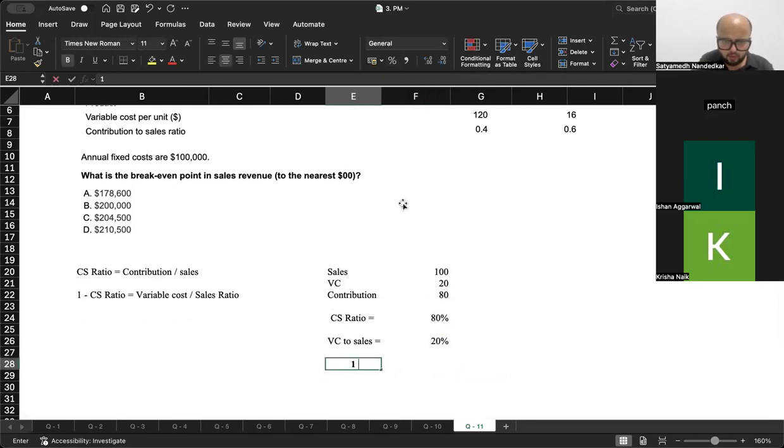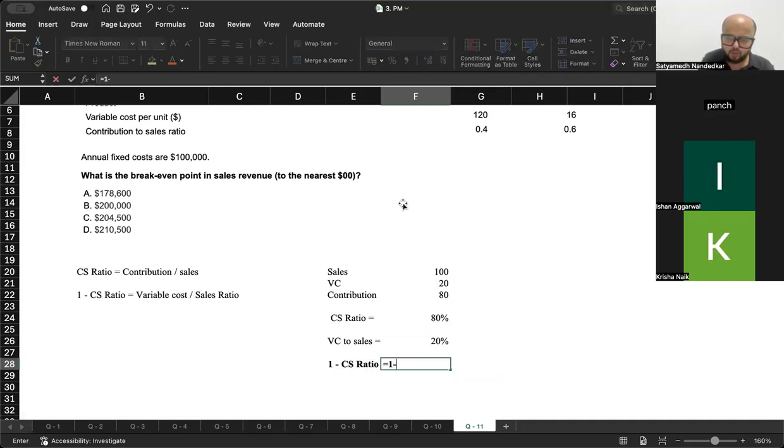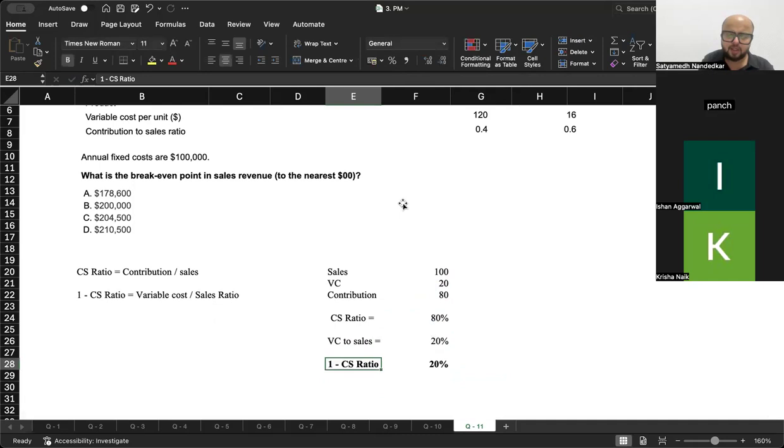Observe here, 1 minus CS ratio: 1 minus 80%, how much is left? 20% is left, right? So is it equal to my variable cost to sales proportion? The answer is yes.